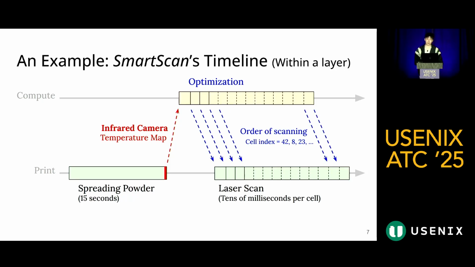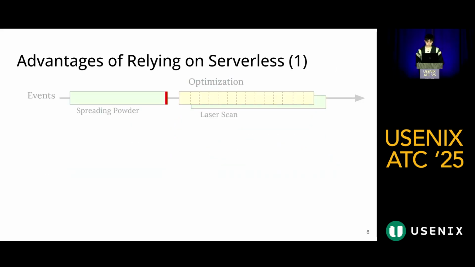So due to the algorithm's demand for computing power and the need to scale up and down for different printing job sizes, we would naturally turn to cloud resources. Now we will see why a regular virtual machine is less desirable here and why serverless would be a better fit. So during the printing process, only part of the time involves computation.